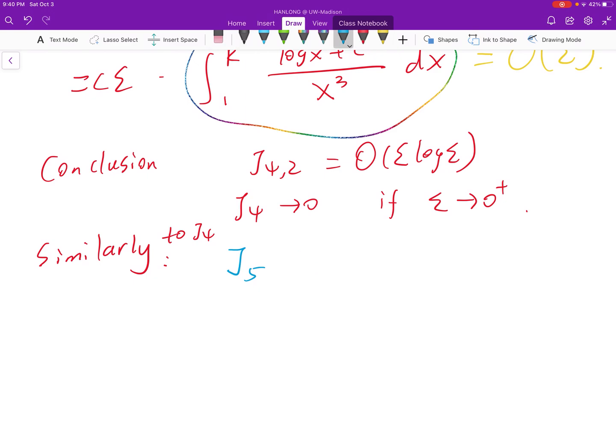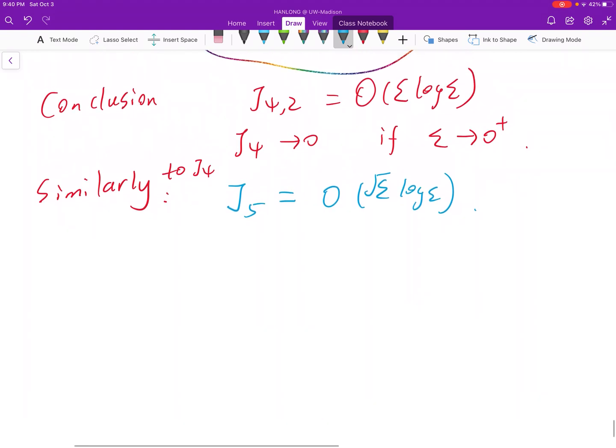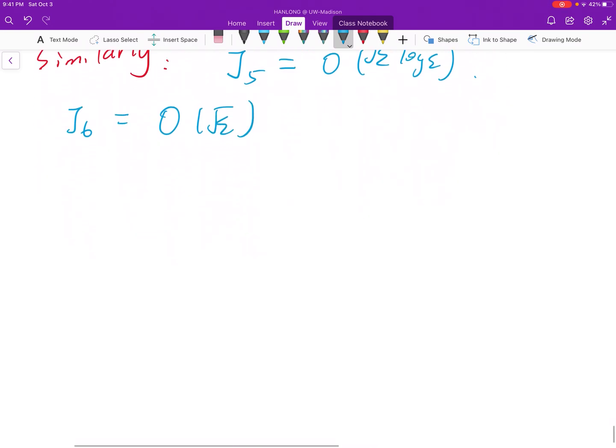Probably, if you have interest, you can work on this. Epsilon log epsilon. Of course, you have a final estimate, but this is enough for our use. And then for J6, you still use the cutting, and then you do the estimate. It's square root epsilon.